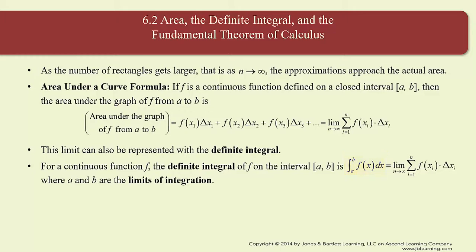And the definite integral is defined to be the limit of a sum. a and b are called the limits of integration. So what's different here from what we saw in the previous section? In the previous section, we saw the indefinite integral. Now we have the definite integral. In the definite integral, a and b are going to be numbers.